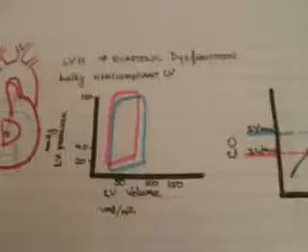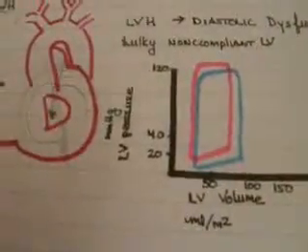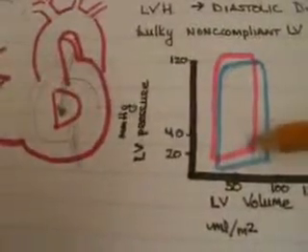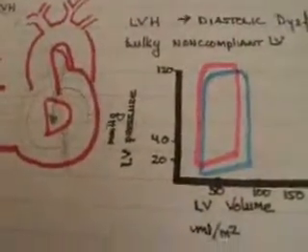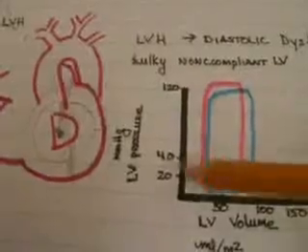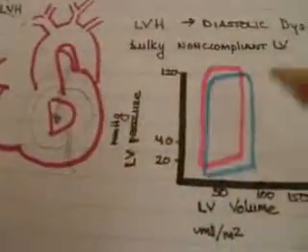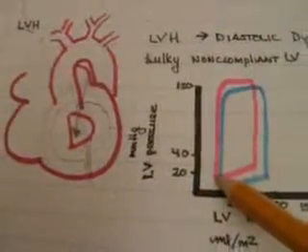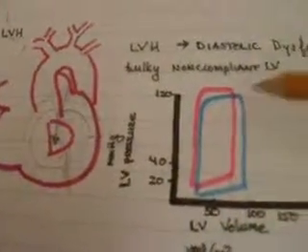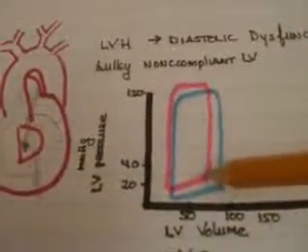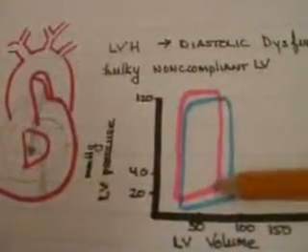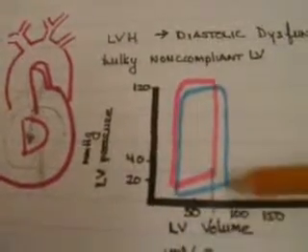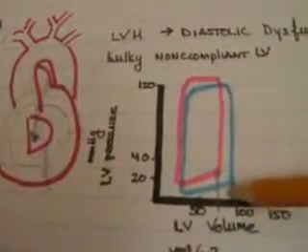So if we were to look at this pressure volume curve, the blue curve represents a normal, healthy left ventricle, and the reddish curve depicts a ventricle that's beginning to have diastolic dysfunction. We can see that as the blood enters into the left ventricle, the pressure increases more rapidly in a heart that has diastolic dysfunction, although the volume is less compared to the normal healthy left ventricle.